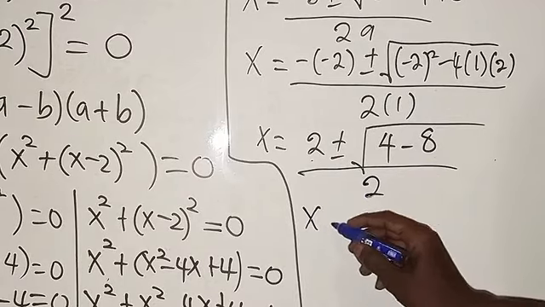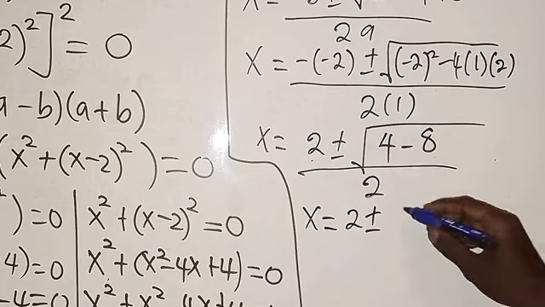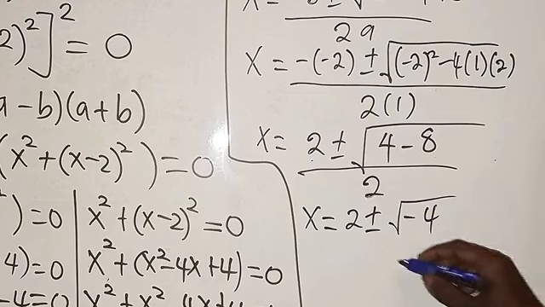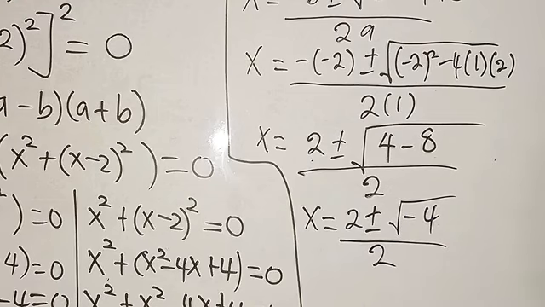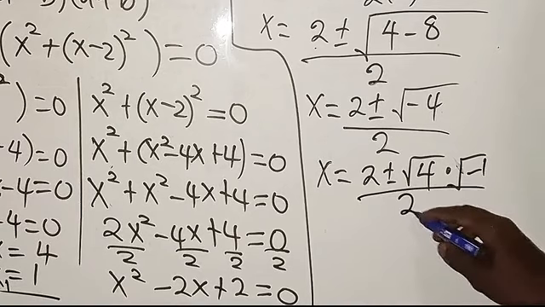So now from here we have x equals 2 plus or minus the square root of 4 minus 8, that will give us minus 4, then divided by 2. So we can have x equals 2 plus or minus the square root of 4 multiplied by the square root of minus 1, because 4 times minus 1 will give us this minus 4. So we divide this by 2.